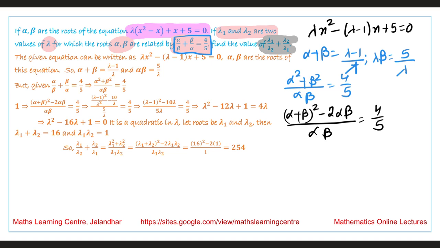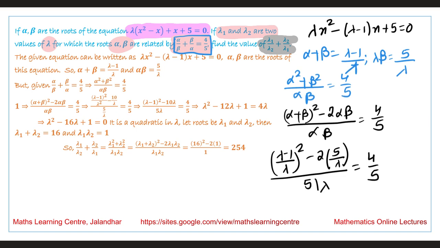Substitute these values over here, we obtain ((λ − 1)/λ)² − 2(5/λ), divided by αβ, which is 5/λ, and that is given to be 4/5.